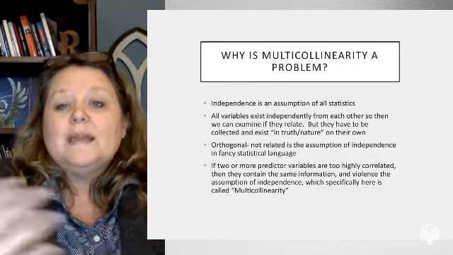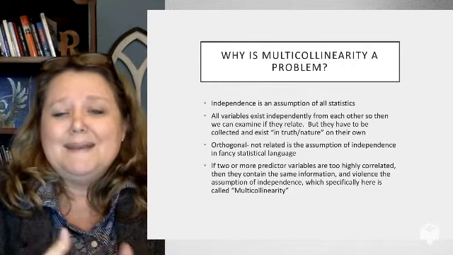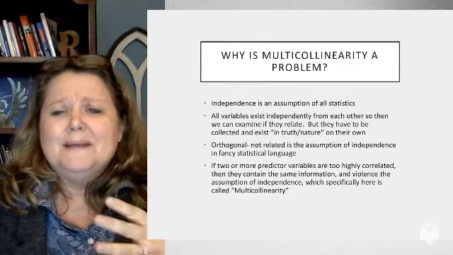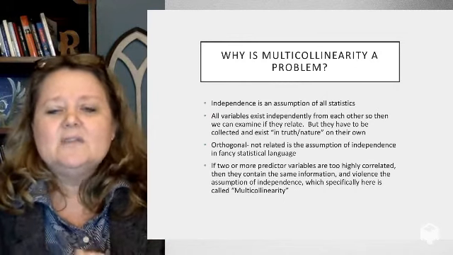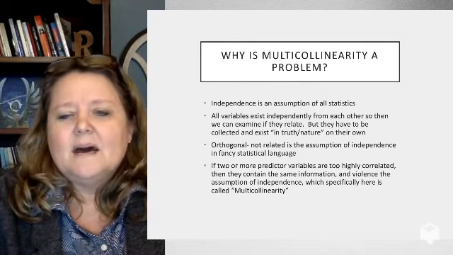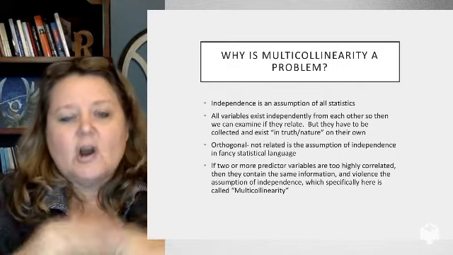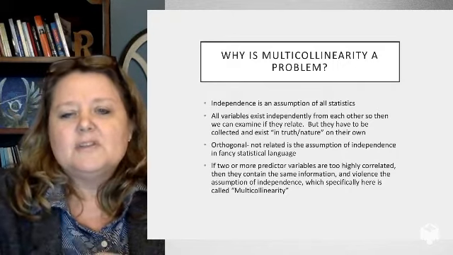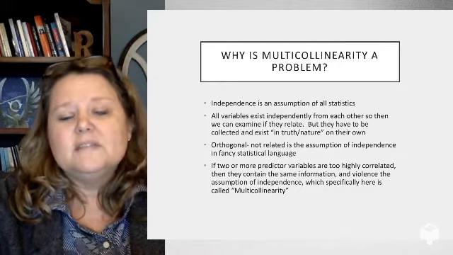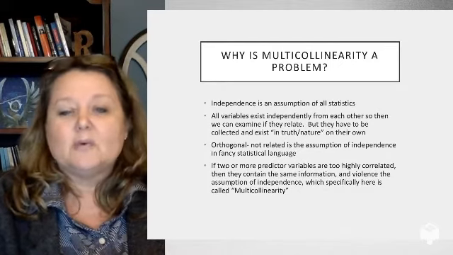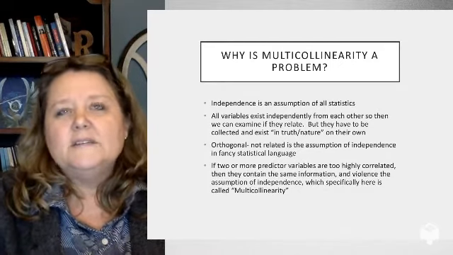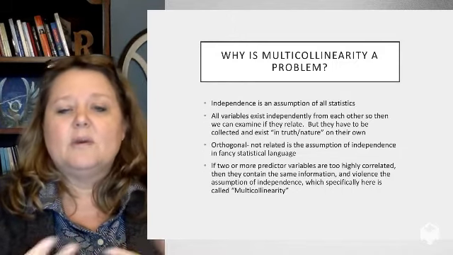If they relate to each other already and they're cross-contaminated, then you can't examine them because they're cross-contaminated, right? So if you think about it that way, I think that is helpful. They have to be collected and exist in truth or nature on their own. So the terminology used in statistics, the fancy language for it, is orthogonal: all data needs to be independent, that needs to be orthogonal.